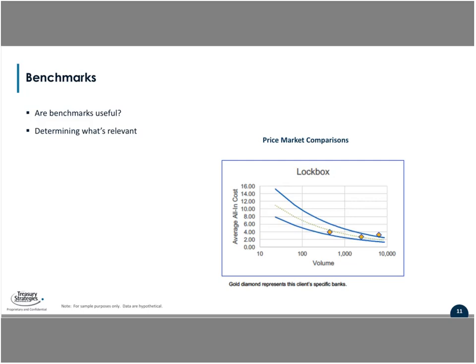Yet, on a volume basis, it's actually below the median price for that volume, whereas the other 2 banks, even though the price is lower, are above the median based on those volumes. So this shows you opportunities perhaps to take advantage of scale by combining services, taking 2 or 3 banks and bringing them down to 1.